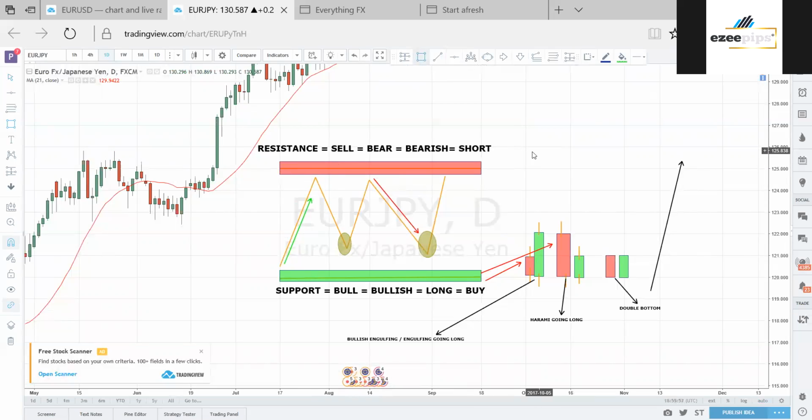At levels of resistance, you have this candle formation. That's one.